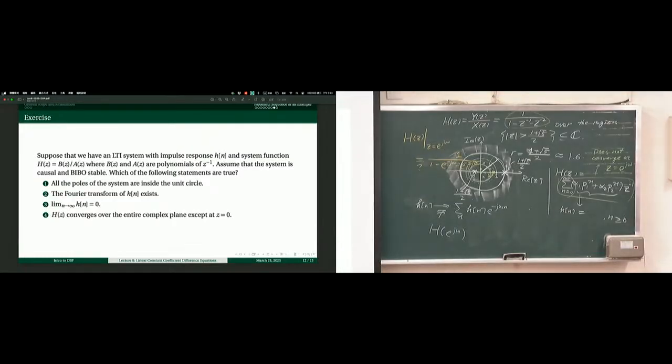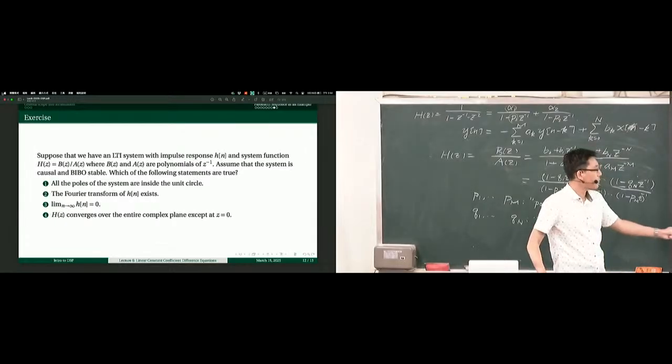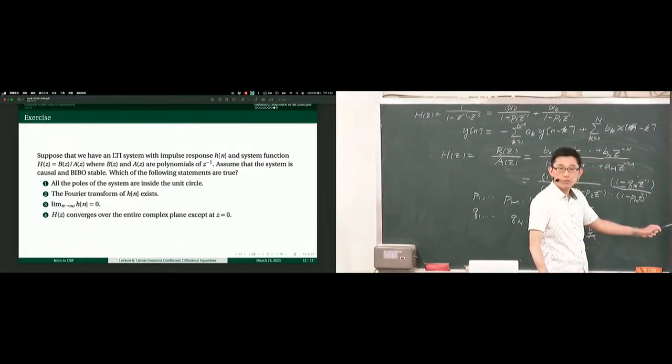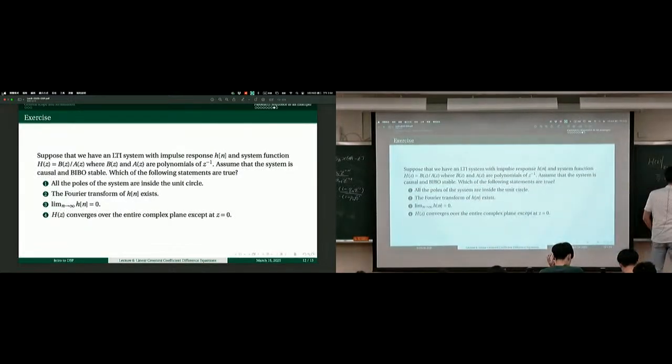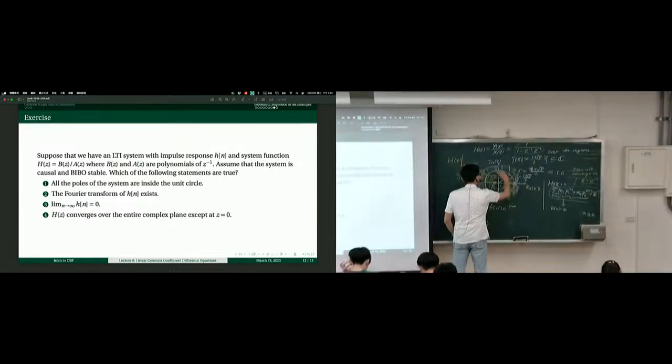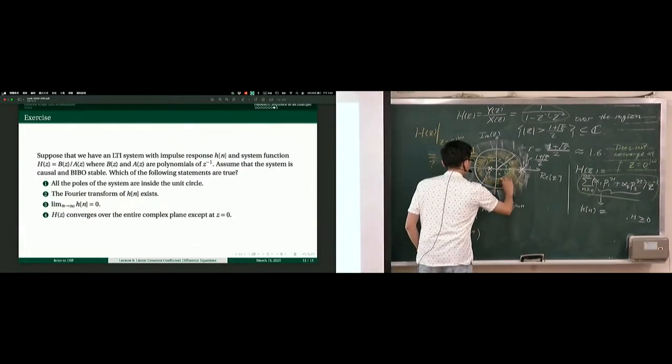So long story short, the ROC includes the unit circle. That means the Fourier transform can be evaluated. We can evaluate the transform on the unit circle, which is the Fourier transform. There are different ways to talk about this, but in this case, the region of convergence is outside the largest radius, which turns out to include the unit circle.